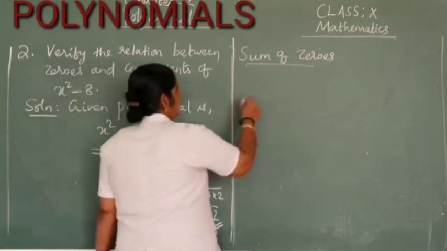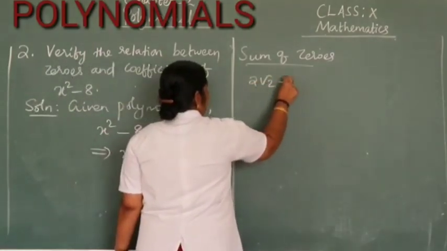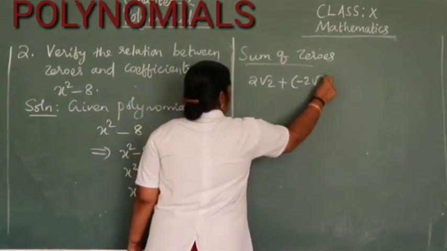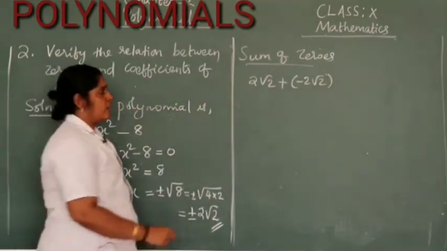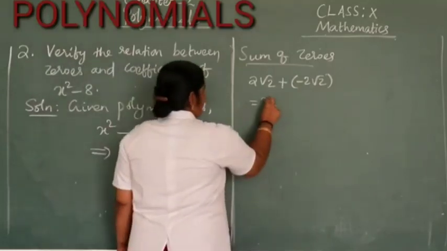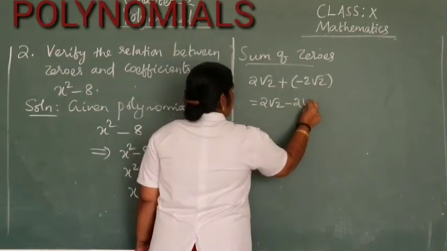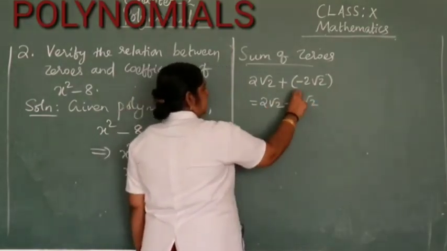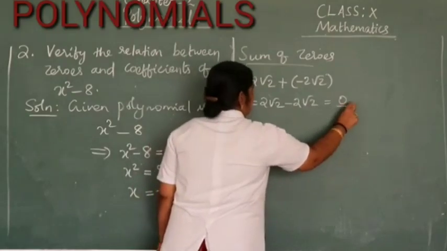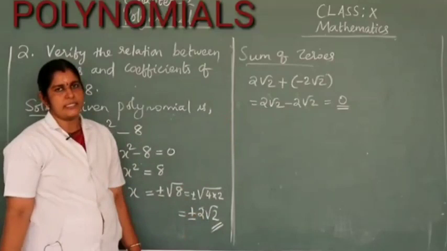So the sum of zeros, when you add 2 root 2 plus minus 2 root 2, this is equal to 2 root 2 plus into minus is minus 2 root 2. You know the same term with different sign, so it is cancelled, we got 0. So the sum of the zeros we got equal to 0.